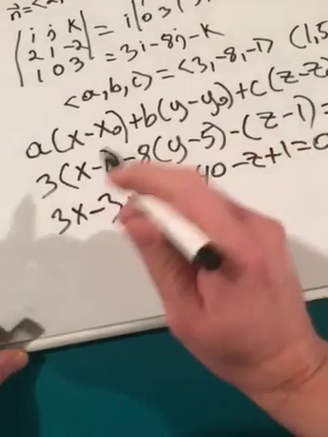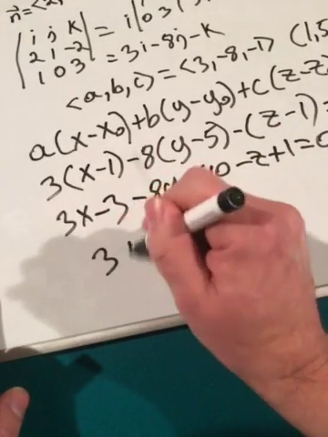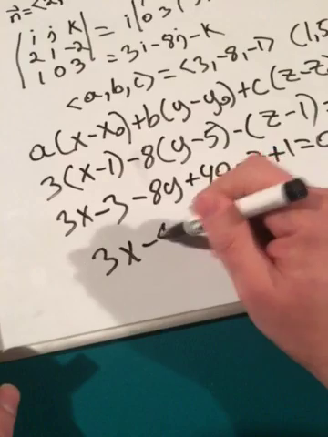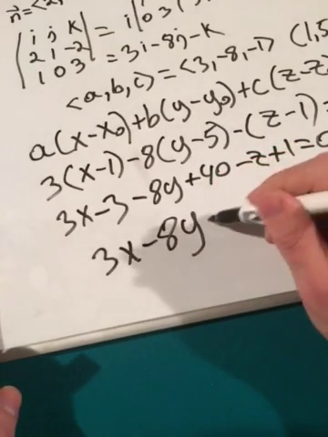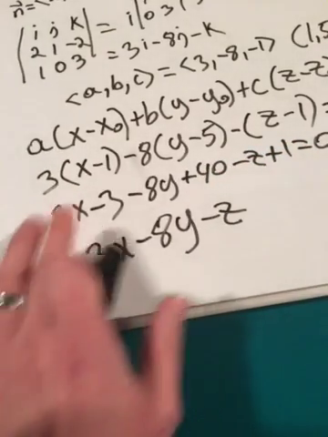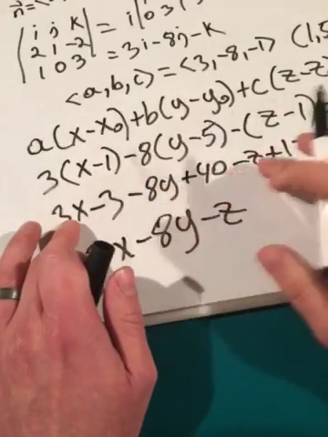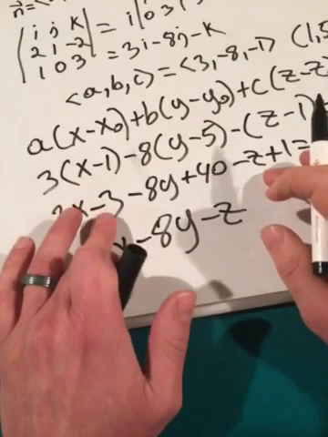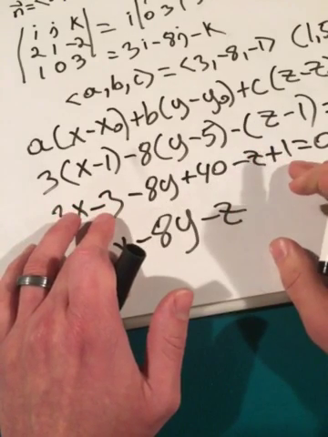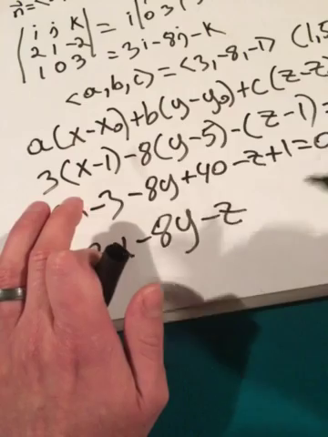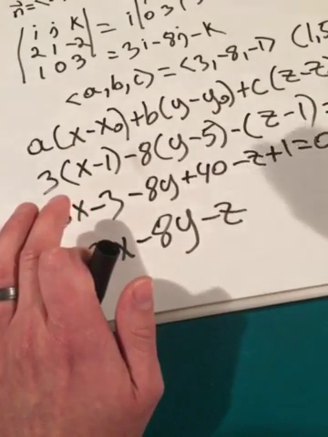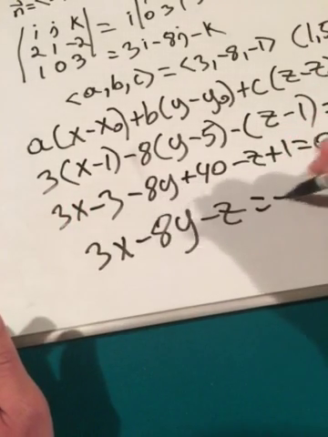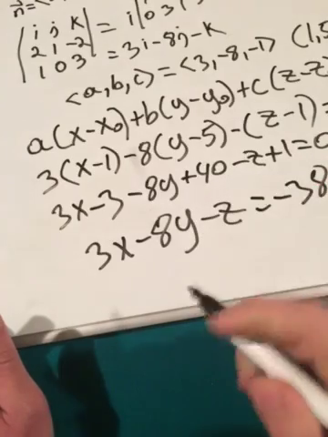So we're just left with 3x minus 8y minus z. We have a 3x, a minus 8y, and a minus z. And if we add our constants, the minus 3 plus 40 plus 1, we get 38. Then we subtract the 38, move it over, to get equals minus 38.